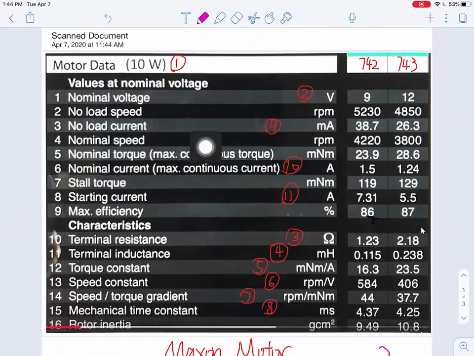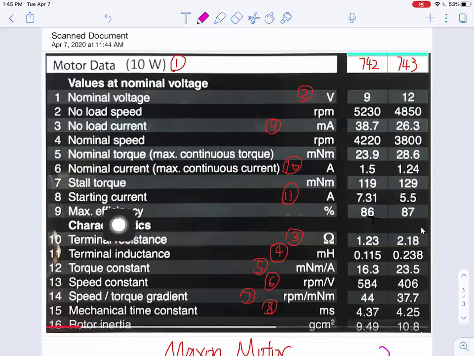That is because there's friction inside of the motor, so you need a little bit of current to overcome the friction torque inside of the motor. And another current here is the nominal current, in the unit of amp.